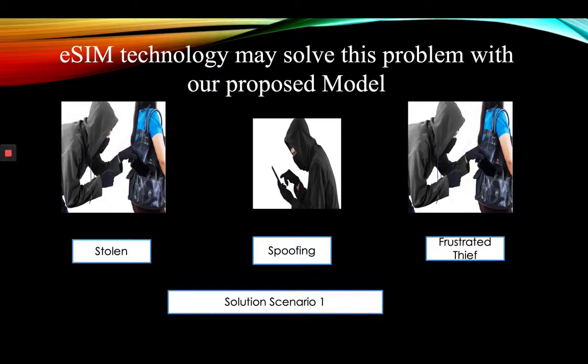Then he tried to spoof it by using some tools, but he failed again and was fully frustrated because he tried a lot. Now look back to the owner, who has no mark of frustration or sadness. In contrast, the frustrated thief is returning her smartphone. This scenario was security based.